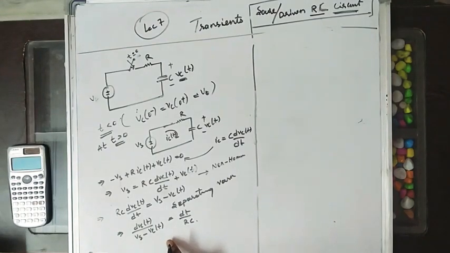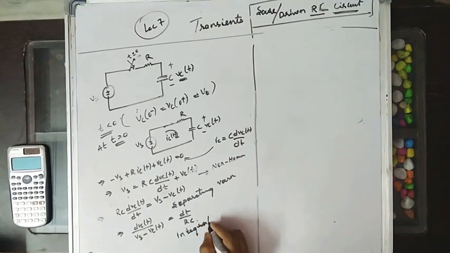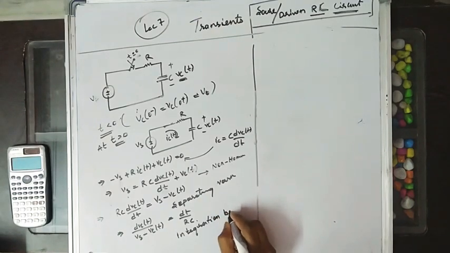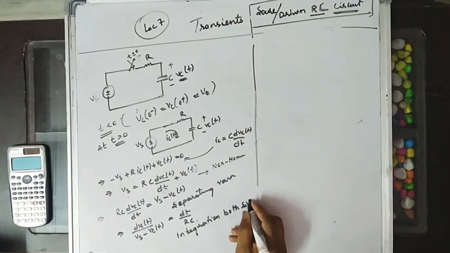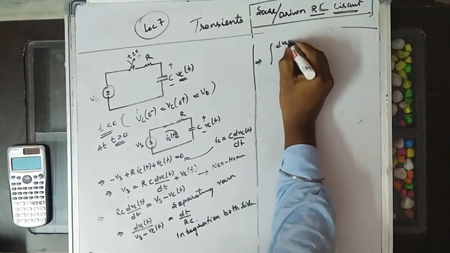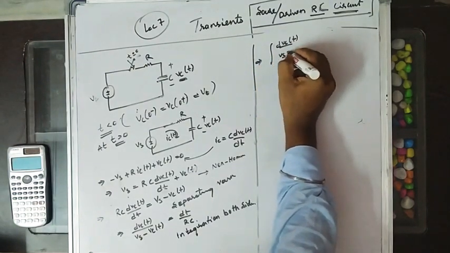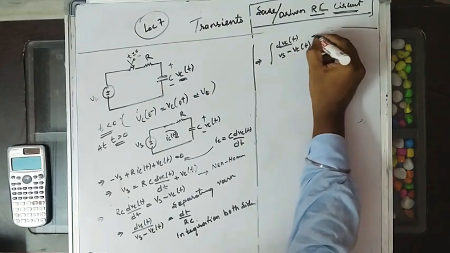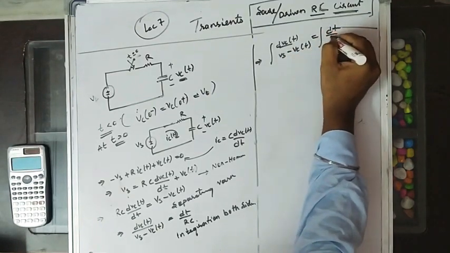To get the solution of the response Vc of t, we will integrate both sides. We get the integral of dVc by Vs minus Vc of t equal to the integral of dt by RC.